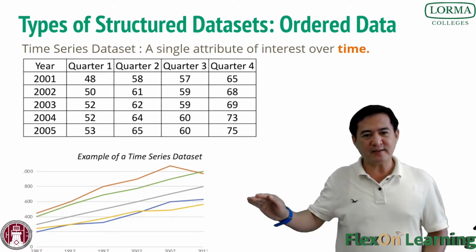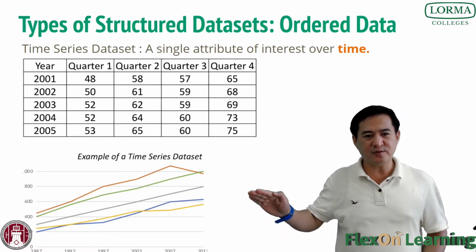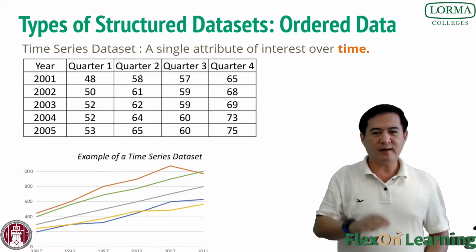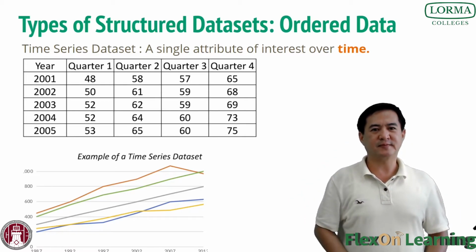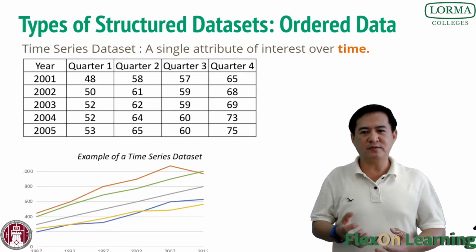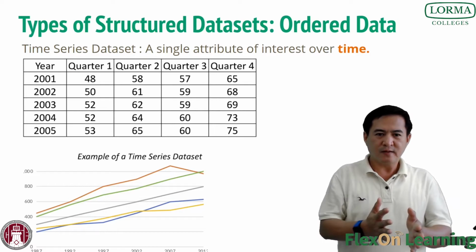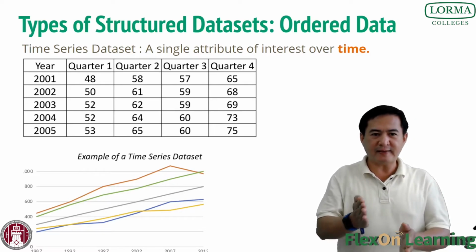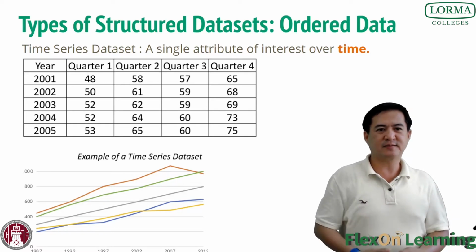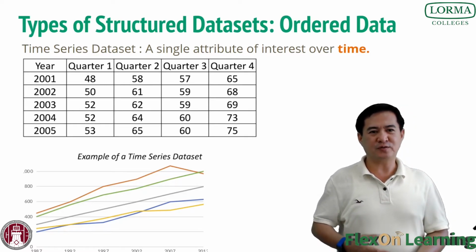And when you plot that in a time series data set, you could see some progression. It could either go up, go down, or become stable. Right? So these are good to determine the history and then predict possible sales in the future to come.